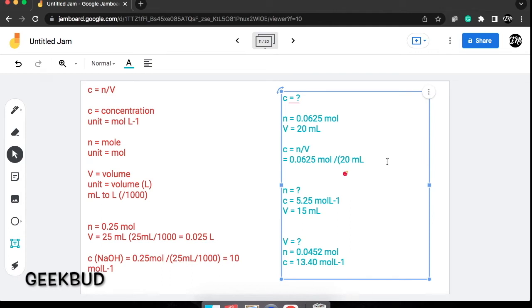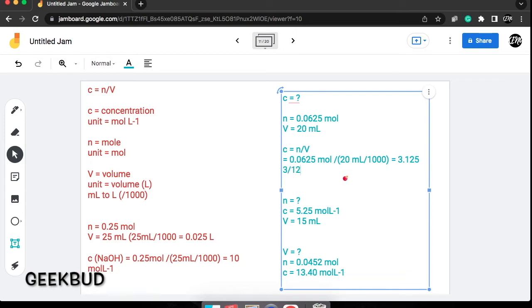Once you start practicing, this will become easier for you, to just convert it in the calculator instead of doing it in 2 different steps. 20 mL divided by 1,000 in brackets, of course, and then we plug that into the calculator, and you should get 3.125. 3.125. And the unit for that is mole per liter.